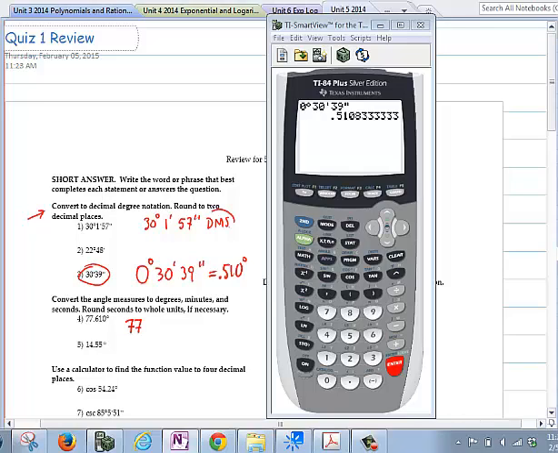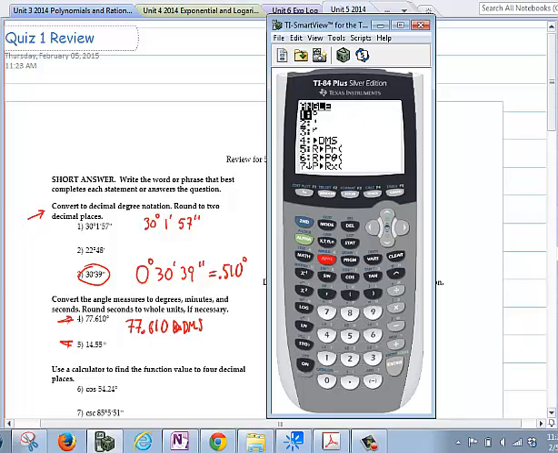I'm sorry, on the very first instruction, you want to put in the degree, minutes, seconds, hit enter, and you'll get decimal degrees. But then when you're on the next part, like 4 and 5, that's where you put in 77.610, and then you convert to degree, minute, second. So 77.610, go to, again, the angle button.